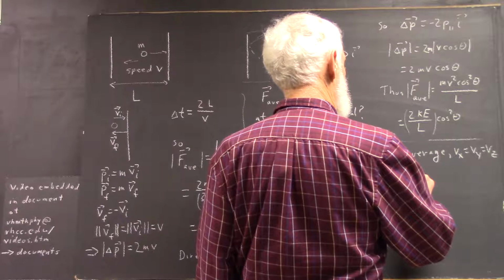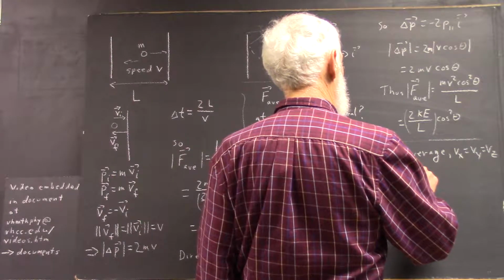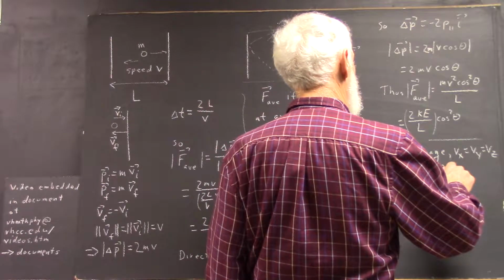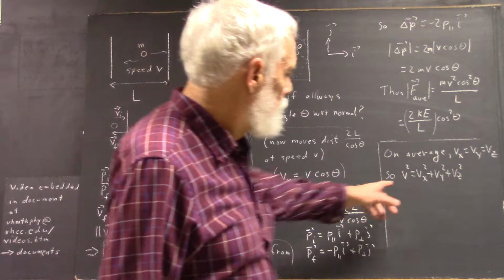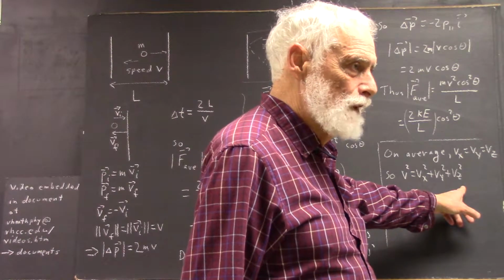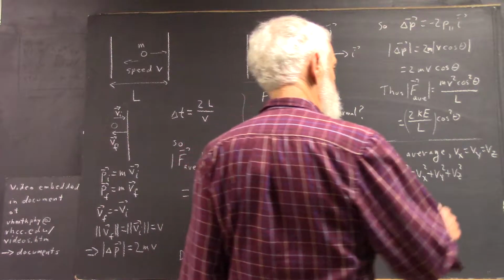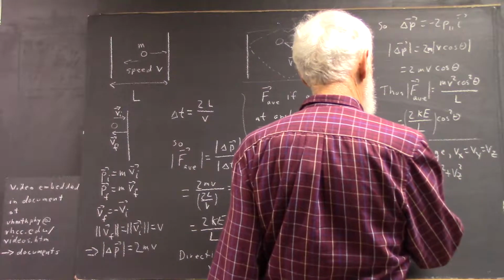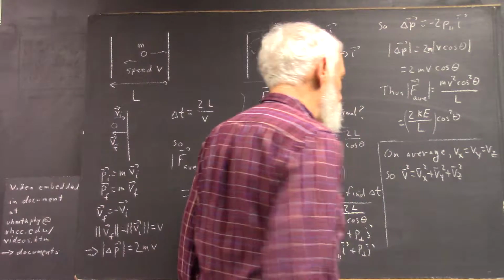so V squared equals Vx squared plus Vy squared plus Vz squared, obviously. And I'm going to put bars over these because it's average, okay?